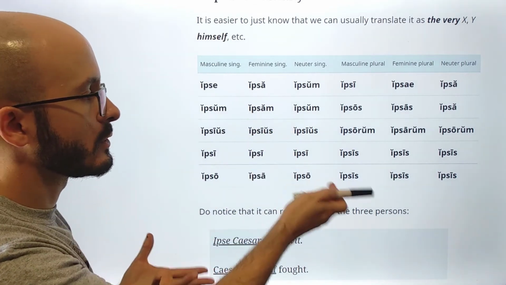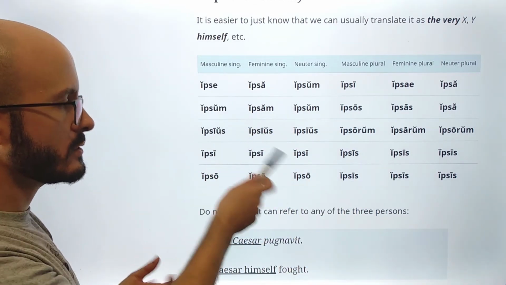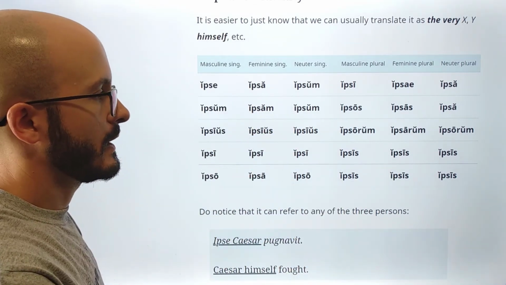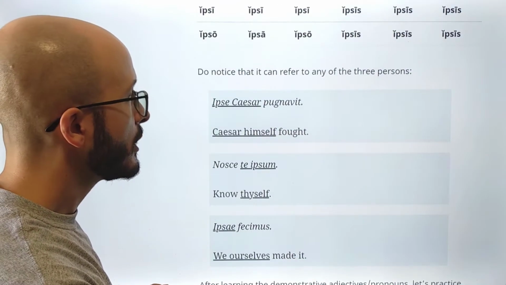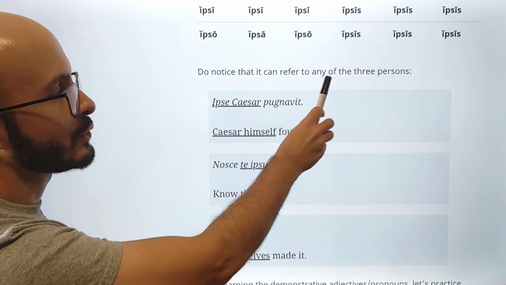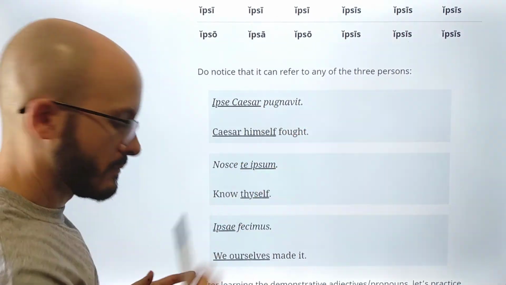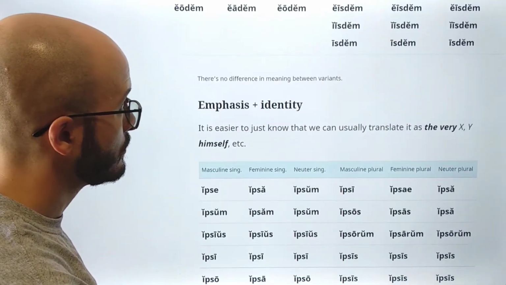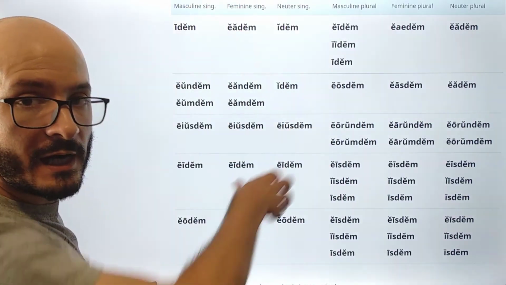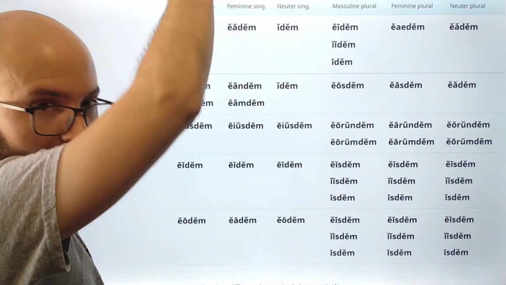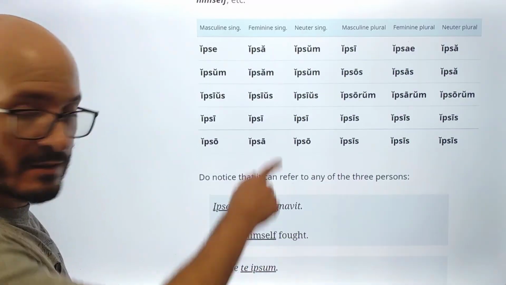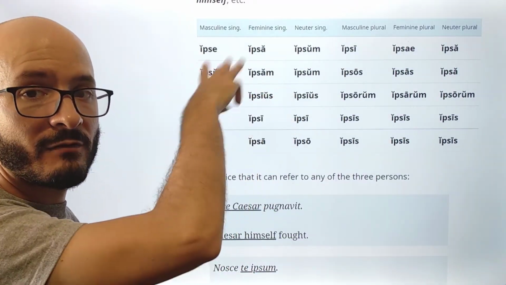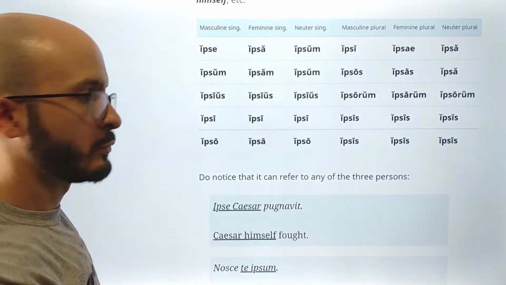Then the rest is what we can expect. Ipsius, ipsi. That's it. Okay? Nothing new anymore. Do notice that it can refer to any of the three persons. Okay? Because until now, all of these going up are used only for the third person, but this can refer to any of the three persons, singular or plural.